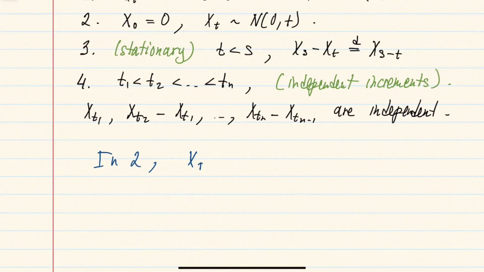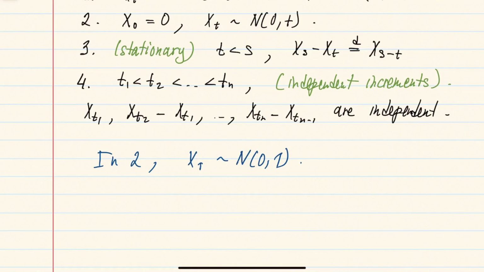So if you say X_1 has a standard Gaussian distribution, then you can easily derive using properties 3 and 4 that X_t must have variance t. So I just put it directly in the definition, but if you start with this as a definition, just specifying time 1, then it's a little bit less redundant.